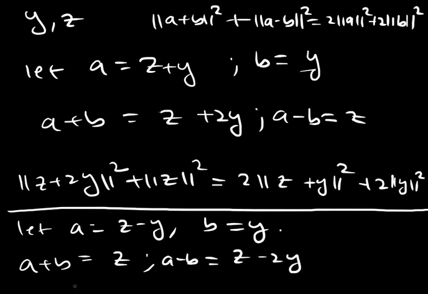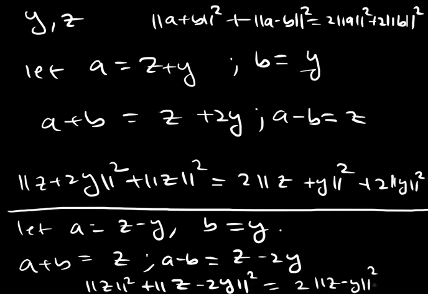So this becomes norm of z minus 2y whole square. Norm of z whole square plus norm of z minus 2y whole square, that is equal to 2 times norm of z minus y whole square plus 2 times norm of y whole square.